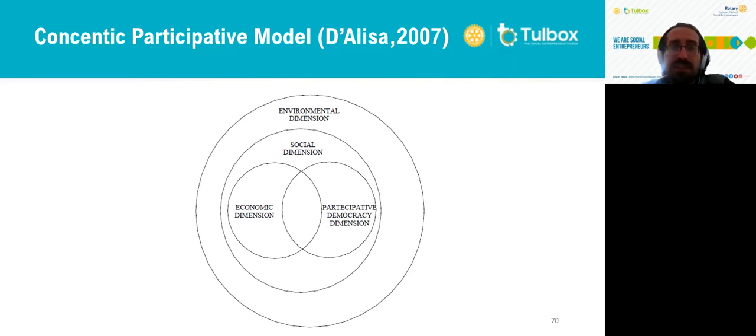The first main difference between the previous model and this one is that the environmental dimension has an overarching importance. Every other dimension is inserted into the environmental one, and if this one is not protected, we cannot consider the other dimensions of sustainability.